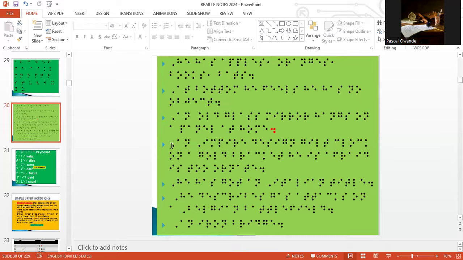The fourth sentence. Dot 6, capital sign of the first letter, an, dot 6 again, another capital letter at the beginning of this other word, I-M-P-I-R-E, an impire.